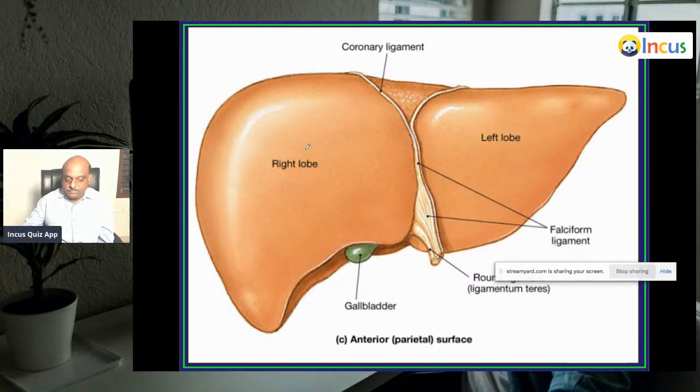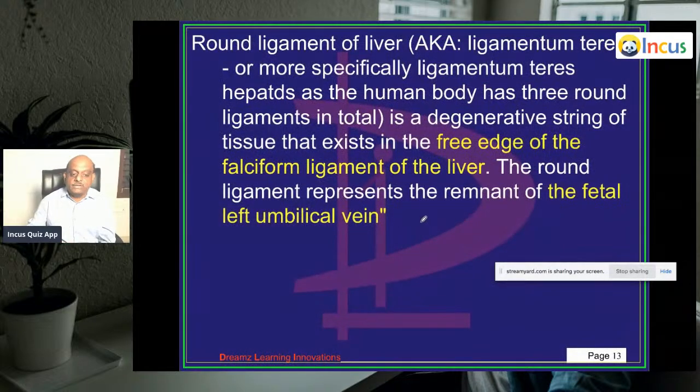So, doctor, this is the right lobe, this is the left lobe, this is the coronary ligament, and this is the round ligament, which is called ligamentum teres. This is the falciform ligament, and this is the round ligament, which is called ligamentum teres.